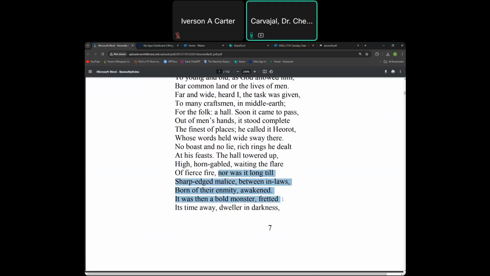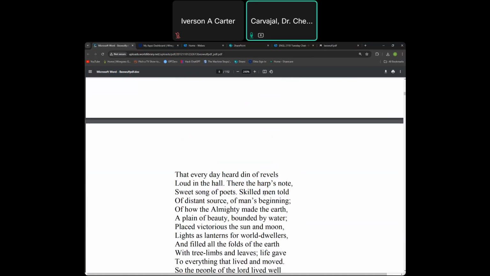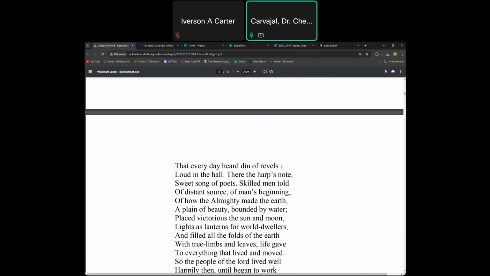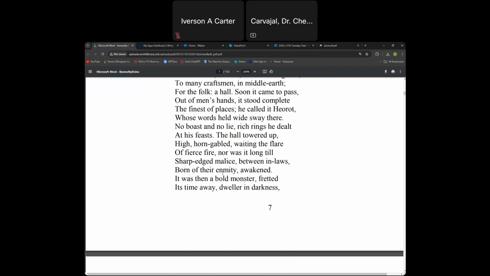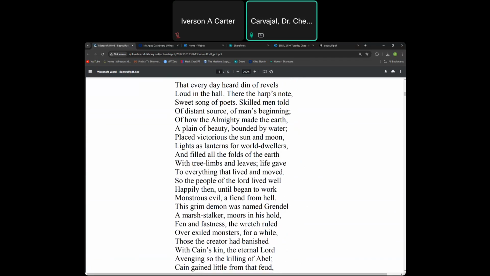And it was then a bold monster, fretted its time away, dweller in darkness, that every day heard din of revels loud in the hall." So the noise of the revelry in the mead hall wakes up Grendel, and he doesn't like it. He doesn't like friendliness. He doesn't like happiness because he's all sharp-edged malice. He's angry.